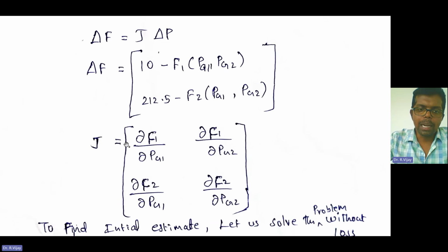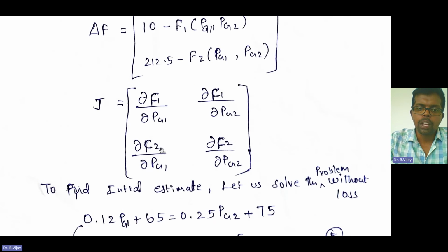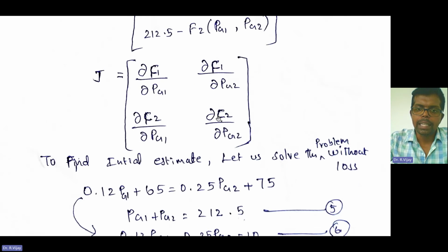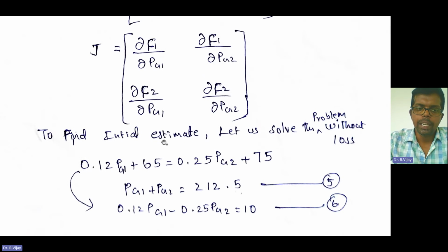Now Jacobian matrix J is equal to dou F1 divided by dou Pg1, dou F1 divided by dou Pg2, next dou F2 divided by dou Pg1, dou F2 divided by dou Pg2. To find the initial estimate, let us solve the problem without loss.